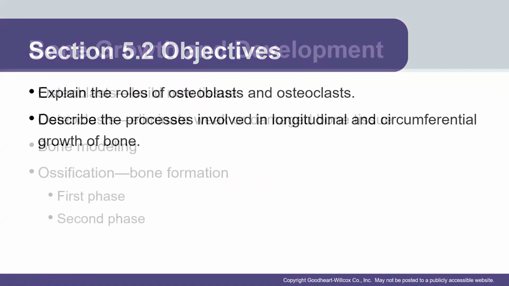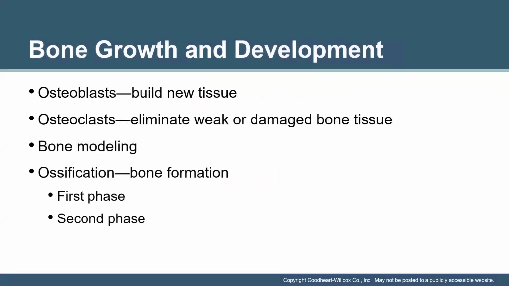So when we're talking about how we're building bone, remember we mentioned osteocytes, those are mature bone cells and they have a particular function. When we're talking bone growth or even bone dissolution, breaking down of bone, we have to mention other cell types.